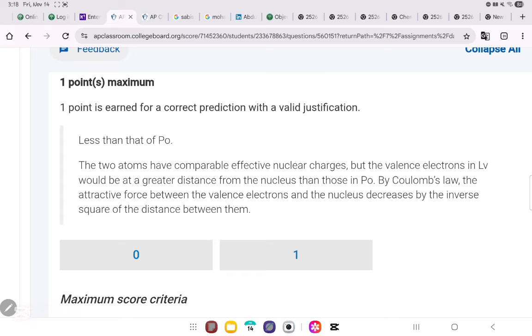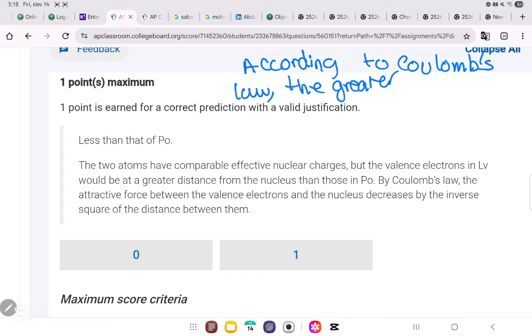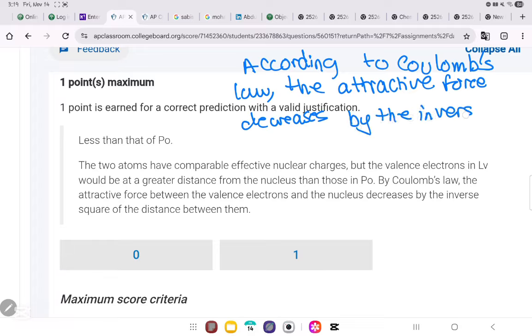But anyways, we can say basically after all that we wrote, according to Coulomb's law, the greater the square of the distance, or how they said it in a better form, according to Coulomb's law, the attractive force, which is the ionization energy, the attractive force decreases between the valence electrons and the nucleus by the inverse square of the distance between them.